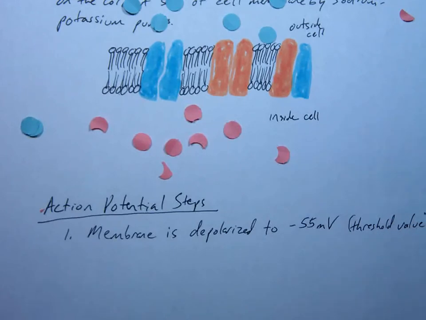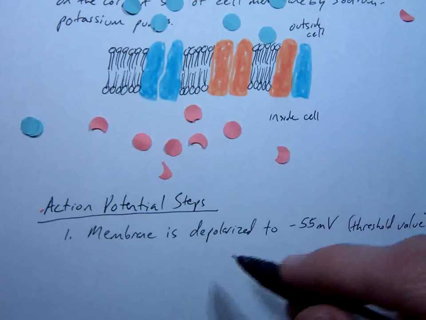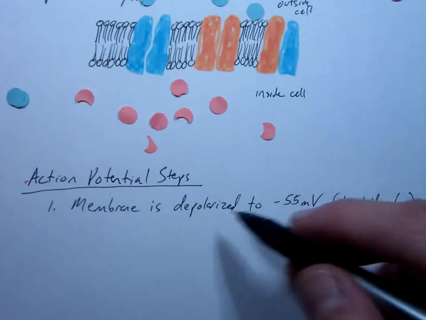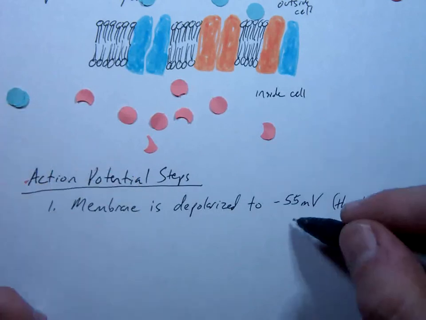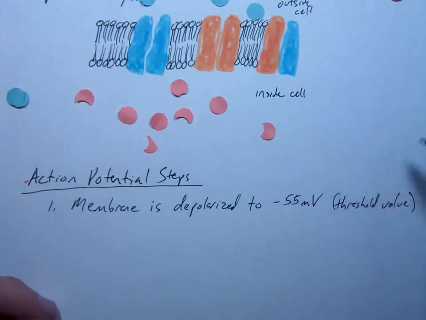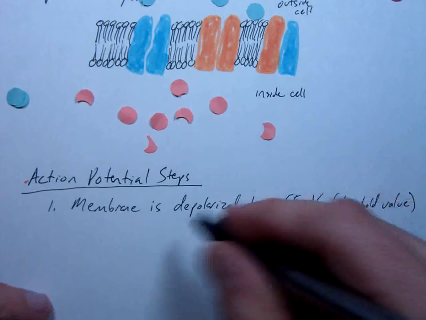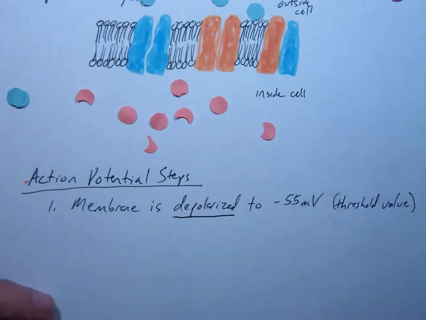Basically, if this number is getting smaller or moving towards zero or past zero, that's called depolarizing. Now, what happens here is something really, really important, okay?